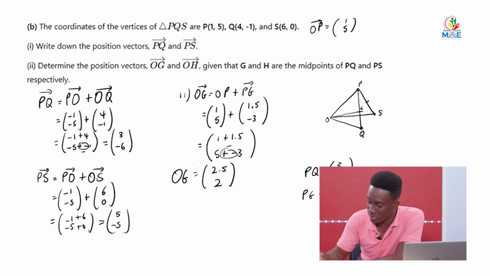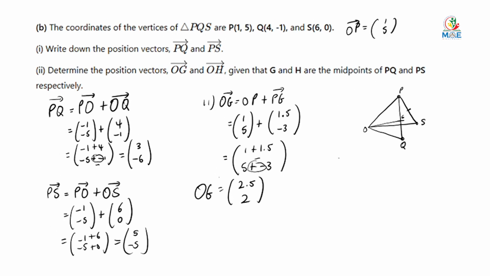The next thing they want is OH. Let me erase this so I can get some space to work. We know H would be here. In order to get OH, we can move from O to P and then from P to H. This would be OP plus PH. We already know OP is (1, 5), plus PH, which would be half of what PS is.